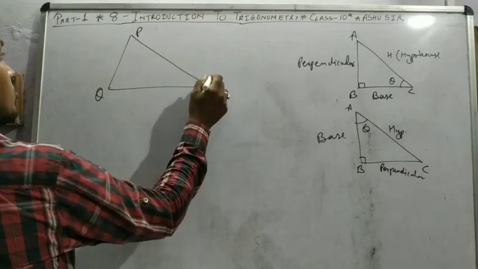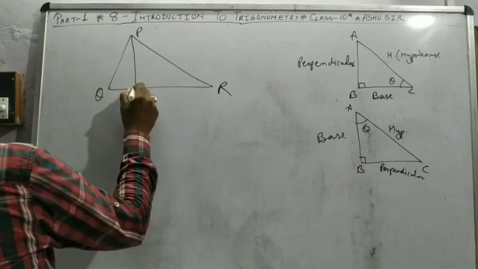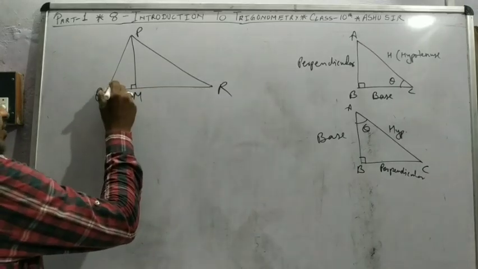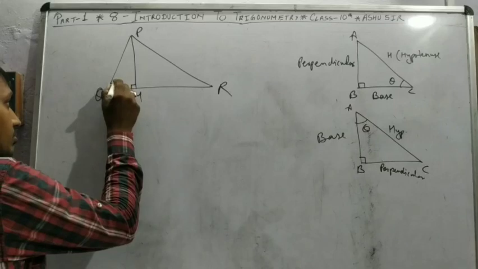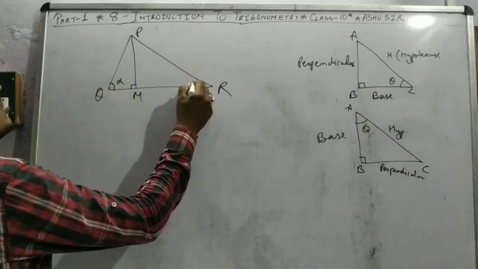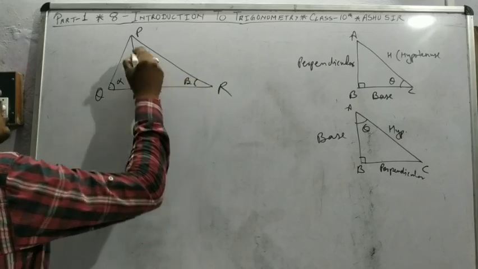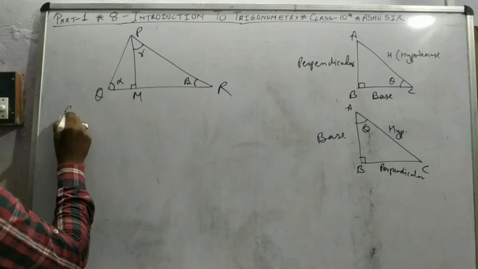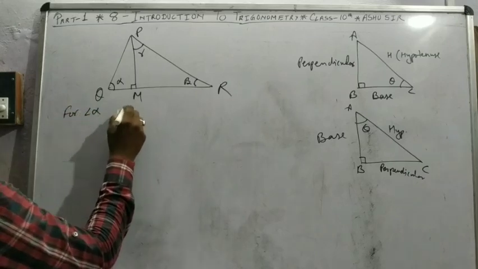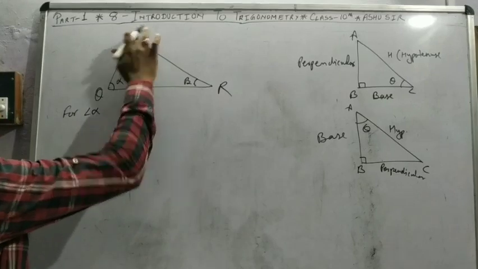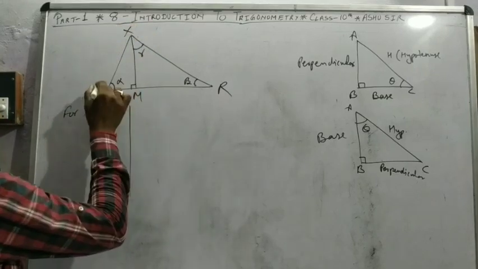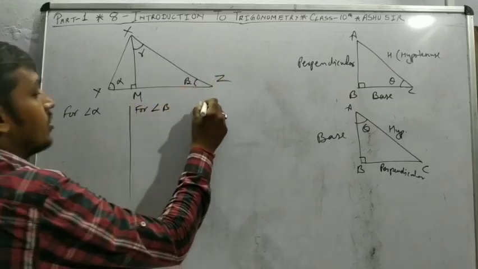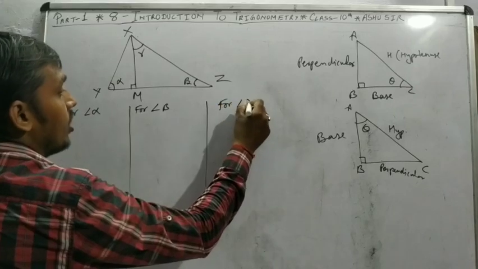triangle PQR, 90, suppose that M, if I take angle alpha, angle beta, and angle gamma. So for angle alpha, we change the names to X, Y, and Z. For angle beta, for angle gamma.